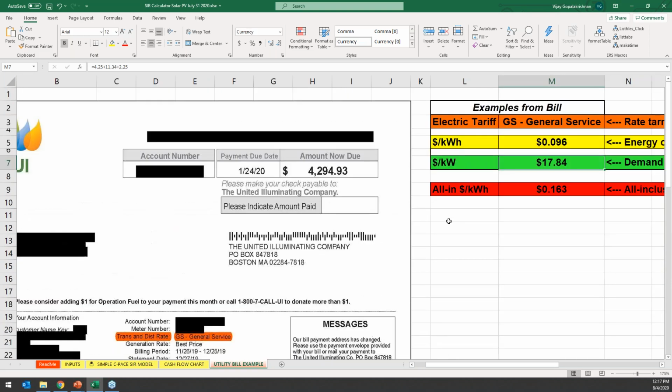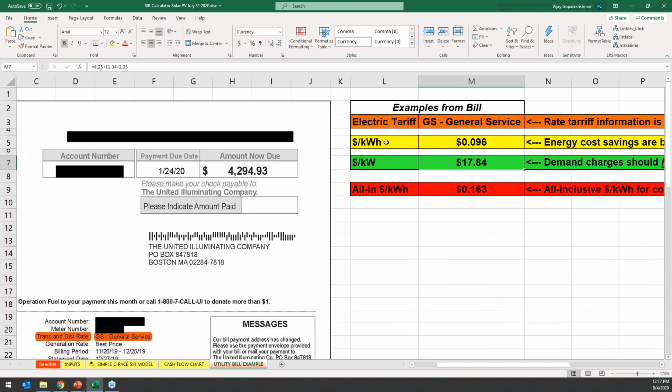Now, to begin with, we're going to break this down into dollar per kilowatt hour and dollar per kW. So this represents the electric energy usage, and the kW is the demand charge. For solar PV projects, we don't include demand charges as part of the cash inflow because, as we know, this is a transient source. The demand is typically set over a 15-minute window at any time during the month.